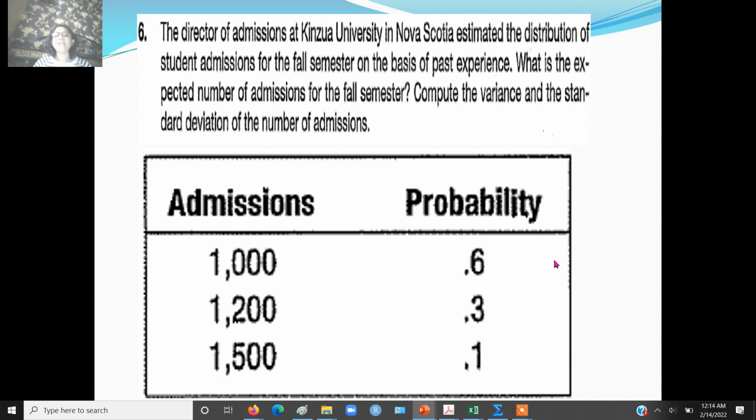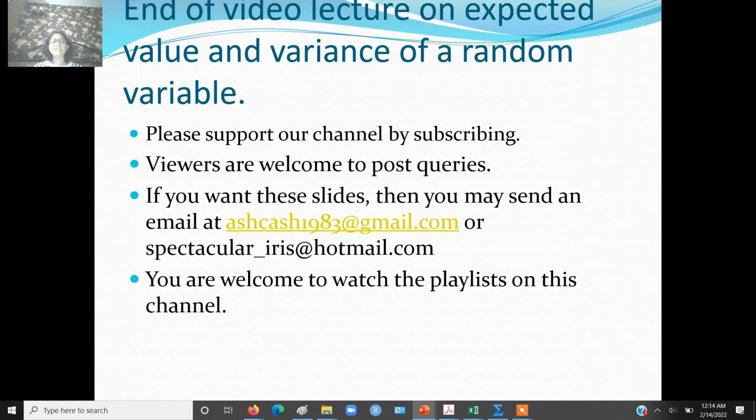So you have to find the expected number of admissions. The question says expected number, so you should know that expected number simply means mean. So you will treat this admission as x and probability as p(x), and simply calculate the mean in a similar way as I have just explained in the previous part of the video.